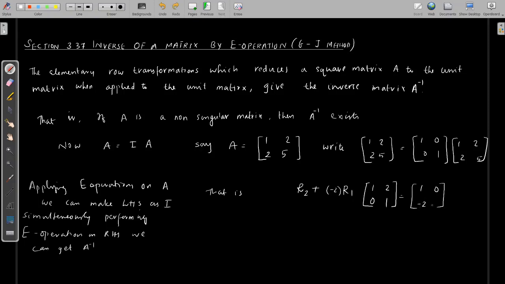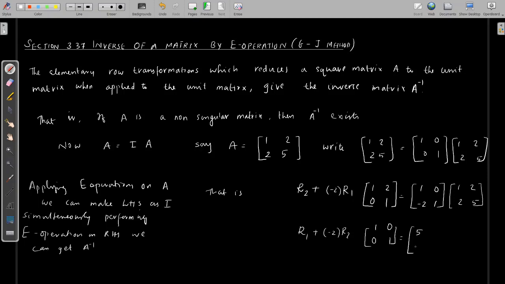Now we need to perform another elementary operation. Our intention is to make the LHS the identity matrix. So we will change R1 to R1 plus minus 2 R2. So we can get the identity matrix on the left. Then we write the same elementary operation on the matrix obtained in the second step.